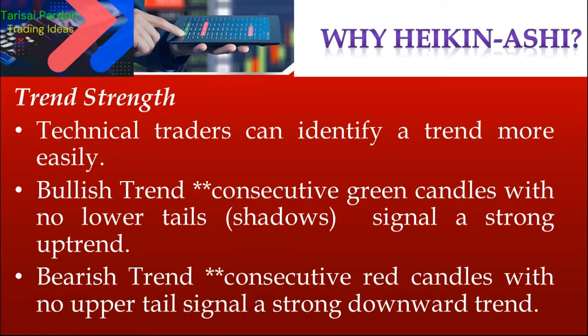For trend strength, technical traders can identify a trend more easily, and for a bullish trend, we will notice that we are going to see consecutive green candles with no lower tails or shadows, and this signals a very strong uptrend. For a bearish trend, you will notice that there will be consecutive red candles with no upper tail, signaling a very strong downtrend.